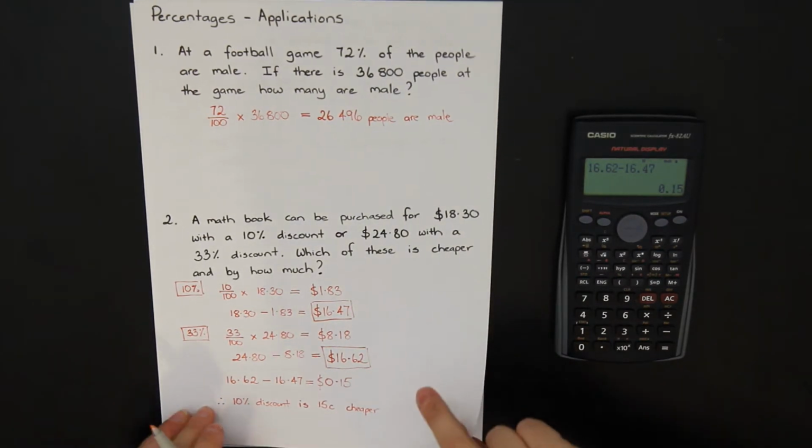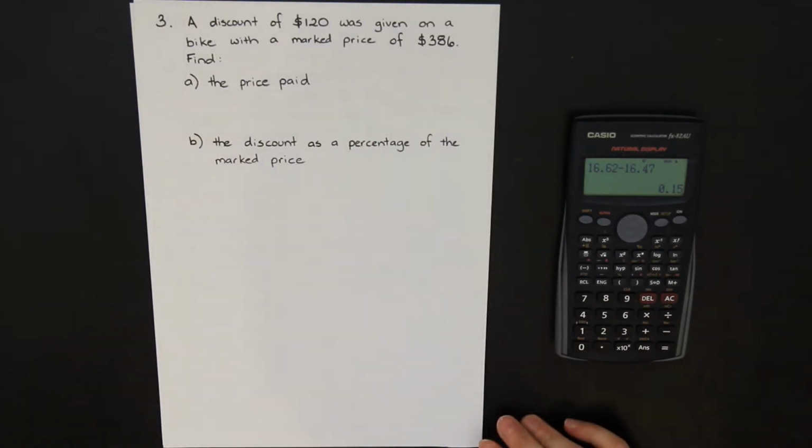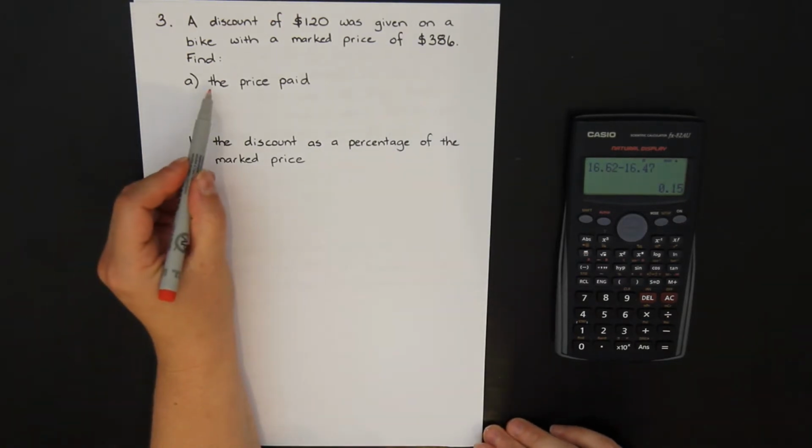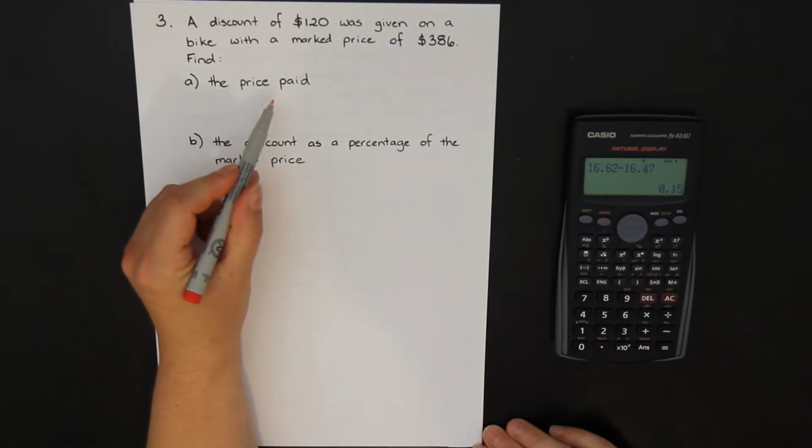Okay, over the page here. Question 3. A discount of $120 was given on a bike with a marked price of $386. First of all, we want to find the price paid.